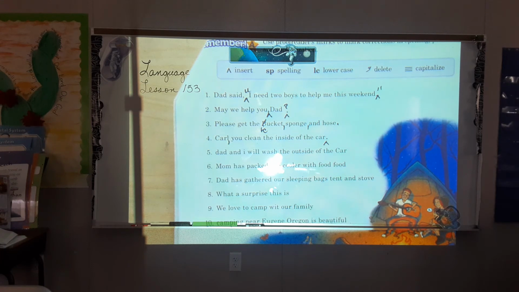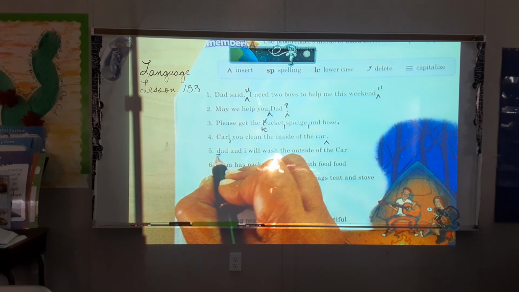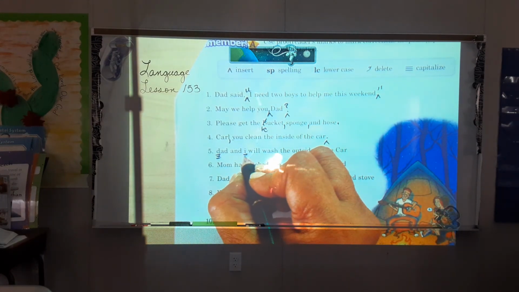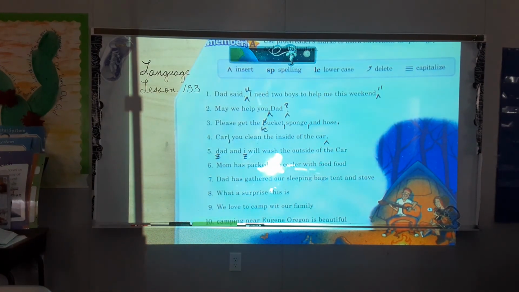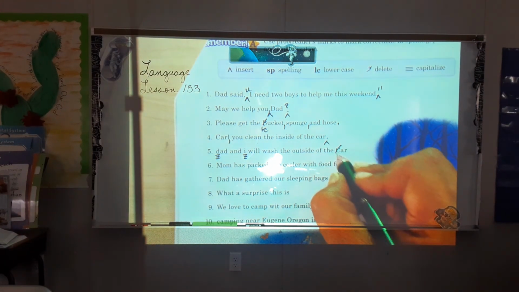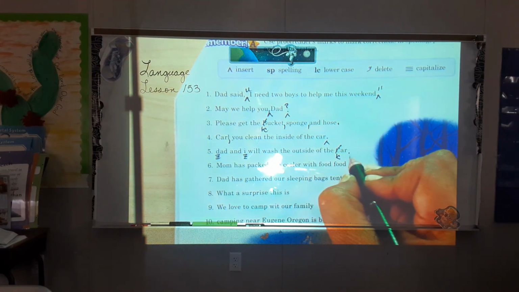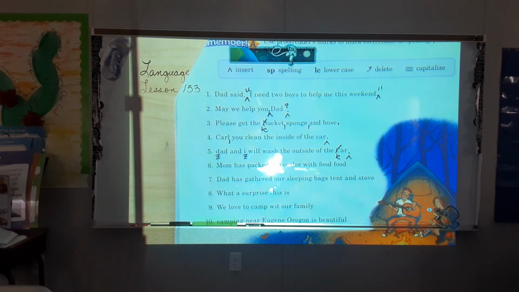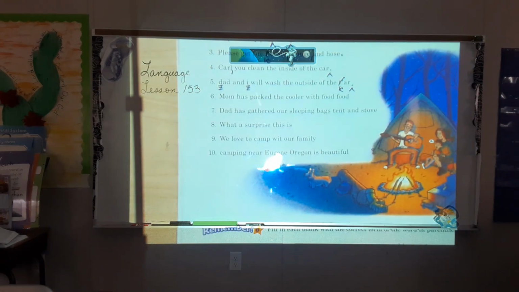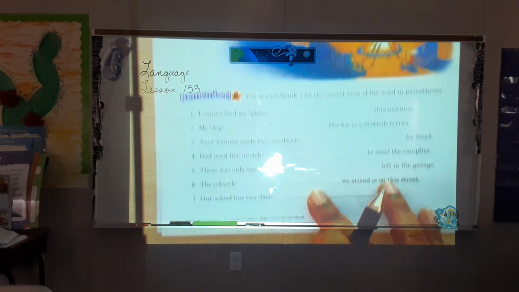Dad and I will wash the outside of the car. Dad, capital letter. I always goes in capital. Car is a lowercase letter and it ends in a period. Finish sentences 5 through 10. I will be discussing it during the meet. Last part.